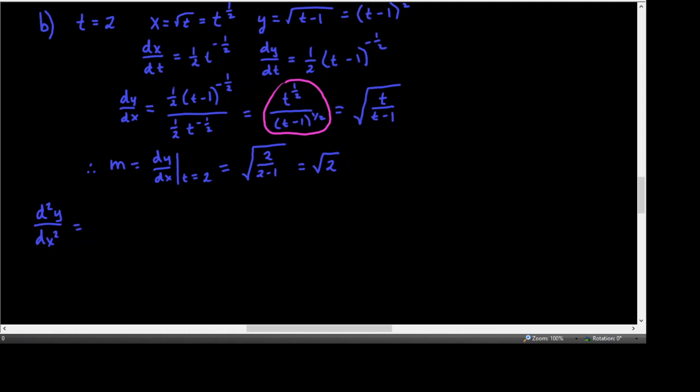So that's going to be low times d high, low d high, minus high d low, all over the square of low.